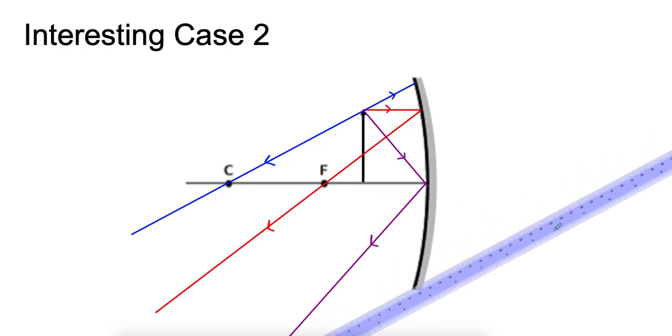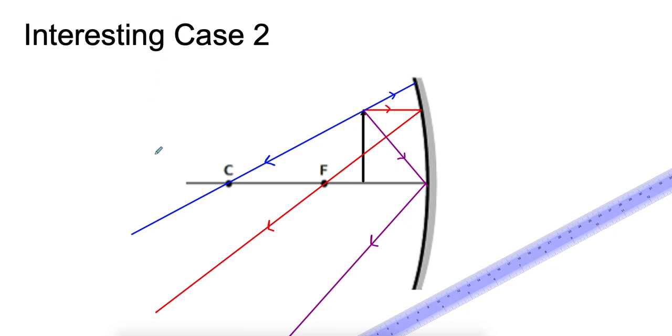Now, this one is different from the other one because if you look, these and these are diverging. Which means we're not going to get an image on this side, but we may actually get an image on the other side.